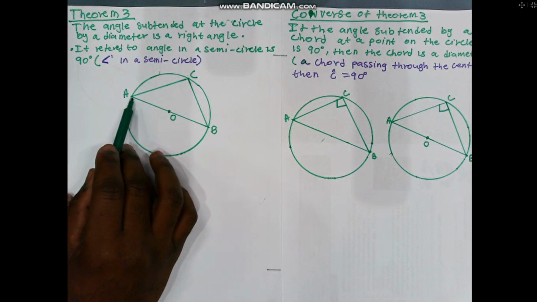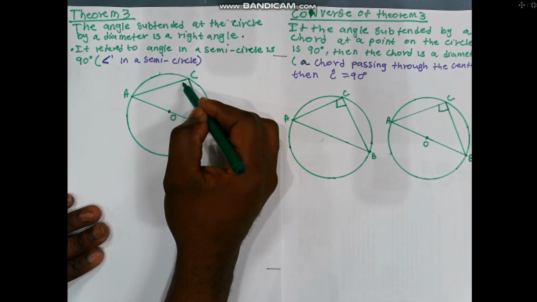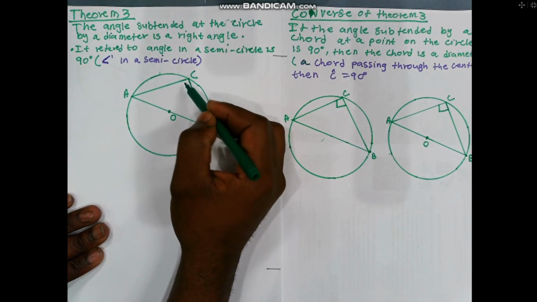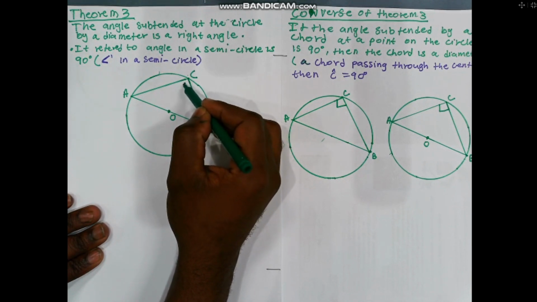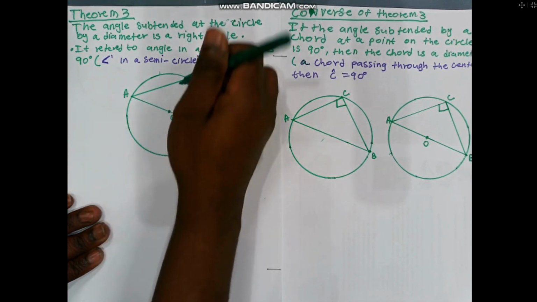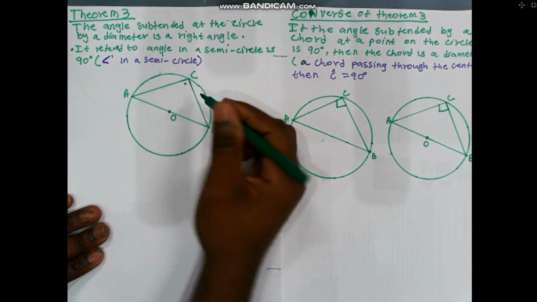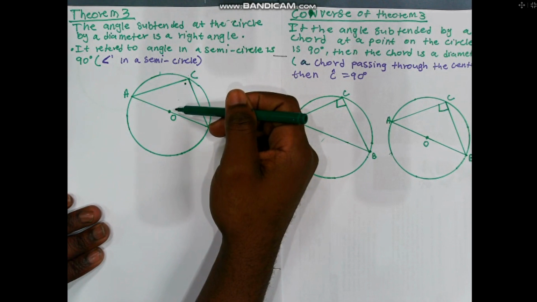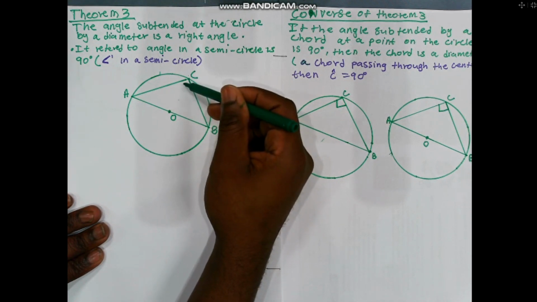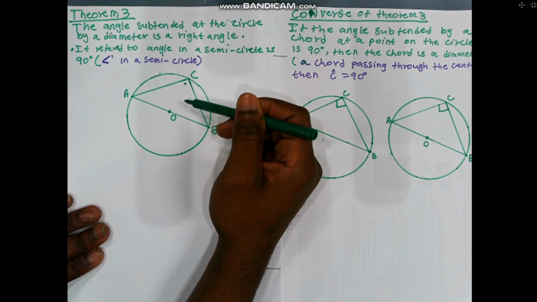Where is this angle subtended? It's subtended here in this angle. So the angle here is facing your diameter, this one. It's a right angle. We call this angle 90 degrees.